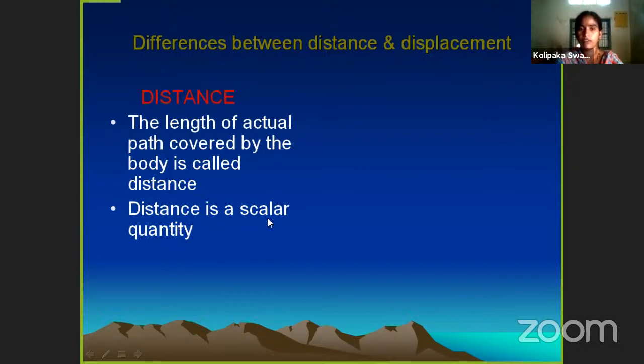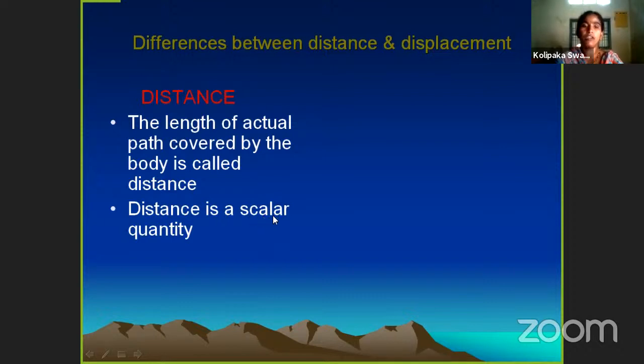Scalar quantity means what? Physical quantities are divided into two types. One is the scalar quantity, another one is the vector quantity. Already we have discussed it last class. Scalar quantities are the physical quantities which have only magnitude but no direction.